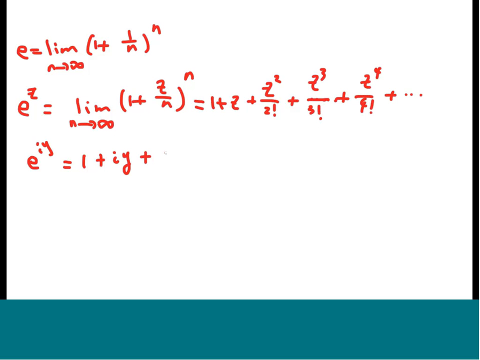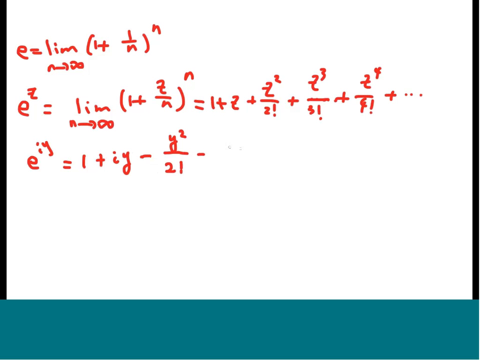When you have the square, then you've got to have a minus: minus y squared over 2 factorial.